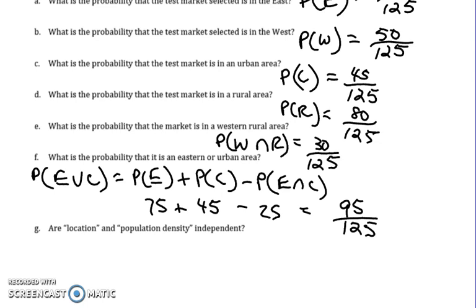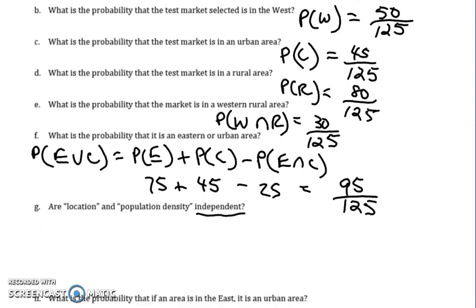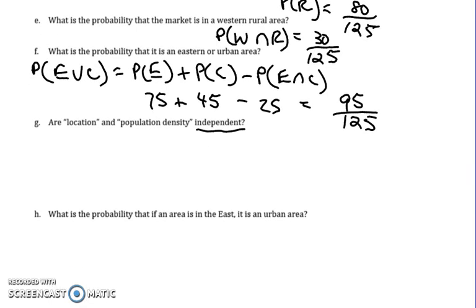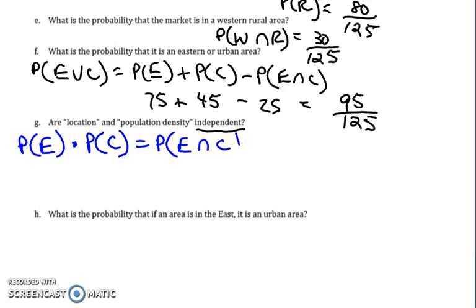Okay, so now, whenever we have a question in reference to independence, remember we are using our multiplication rule. So let's still use eastern and urban. We want to see if the probability that it's eastern times the probability that it's urban is equal to the probability of eastern and urban.